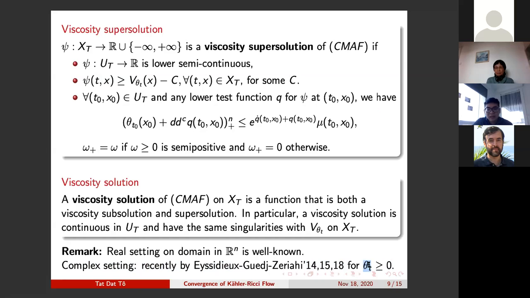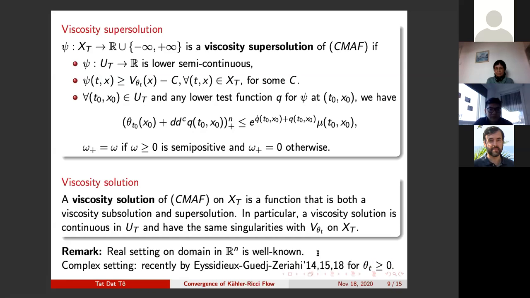But in our setting, theta t will not have a nice property like semi-positivity, it is just a form, so it should be a weaker condition for theta t.